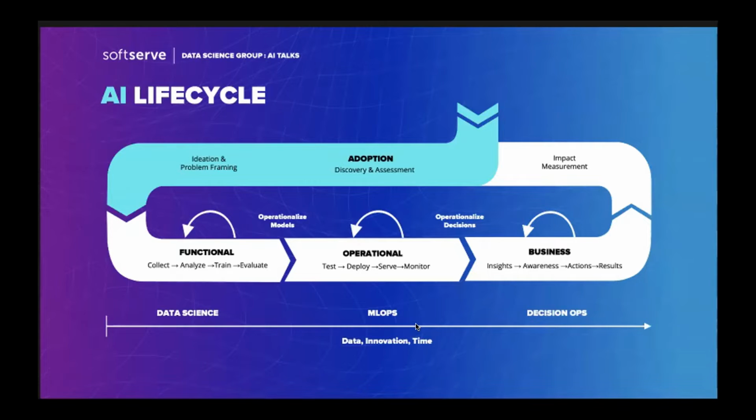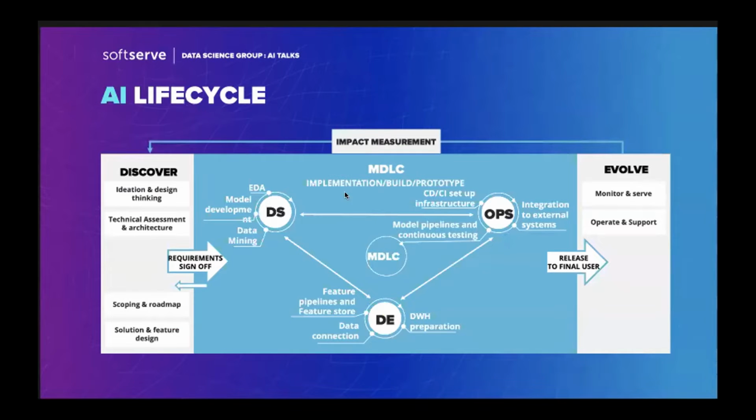If we dive more deeply into the cooperation of the main teams which interact in data science projects, we can see that we have the data science team, DevOps and ML Ops teams, and of course, data engineering. Data science usually cooperates with all of these team members on each step of a data science project.